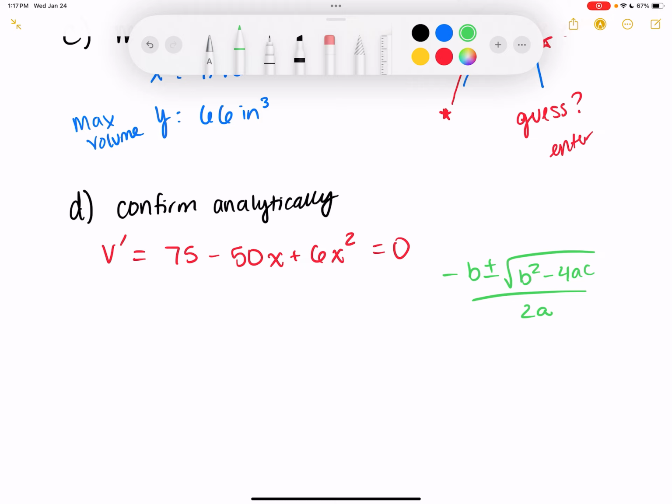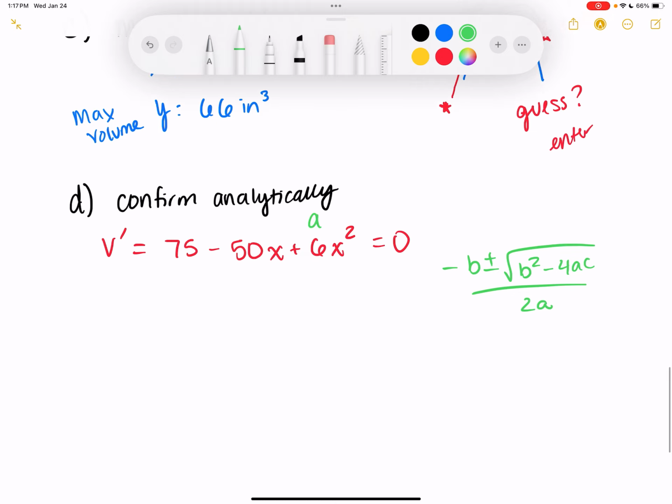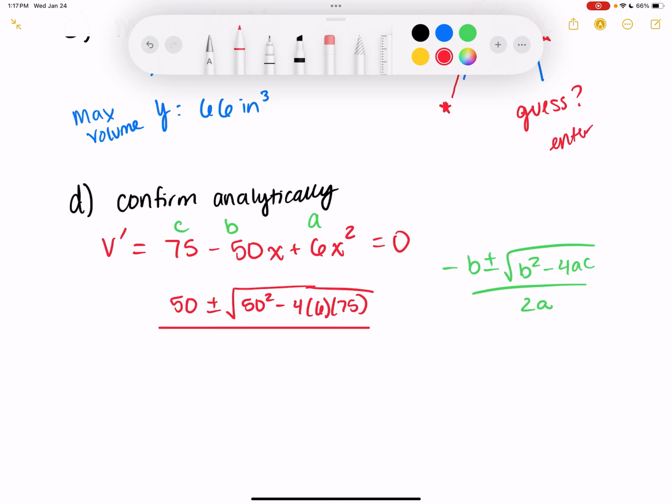So now, remember, this is written backwards, so this is a, this is b with the sign on it, and this is c. Okay? So I plug it in. Negative times negative is going to be positive. So 50 plus or minus the square root of 50 squared minus 4 times 6 times 75 all over 2 times 6.